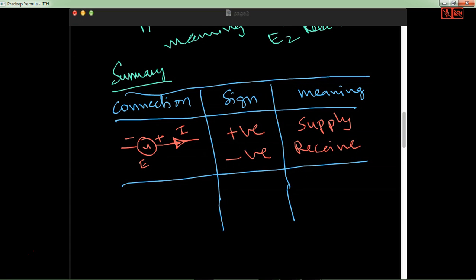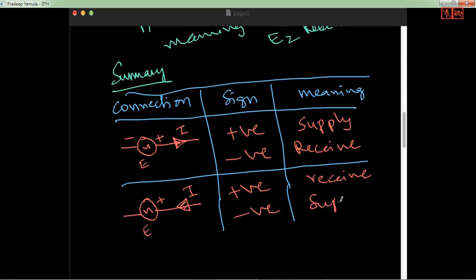On the other hand, if the connection is like this, the current is entering the positive terminal, then a positive sign means receive, and a negative sign means supply. So I hope this clarifies your doubt. Is that okay?